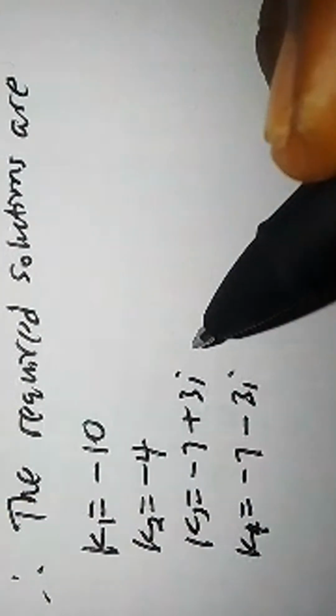And the two complex solutions that we obtain are these two. We have k equal to minus 7 plus 3i and k equal to minus 7 minus 3i. Let's call this k1, this k2, this one k3, and this k4. You will see that we have four distinct solutions for this particular algebra problem.